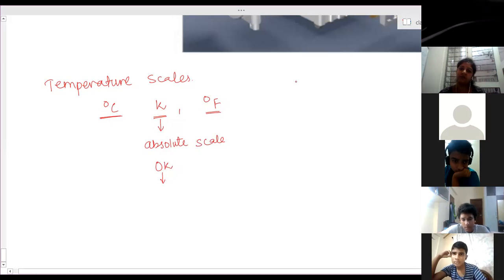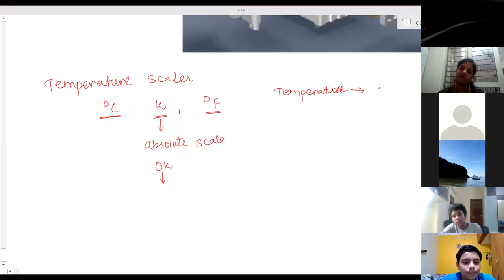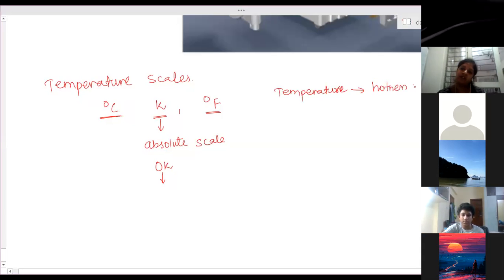What is temperature? Amount of heat energy in the atmosphere. The temperature of the substance, I'm saying it could be anywhere. The hotness or coldness of an object is called temperature.